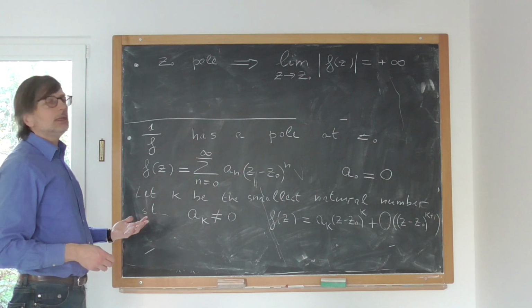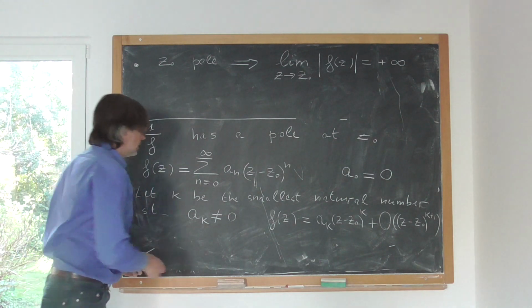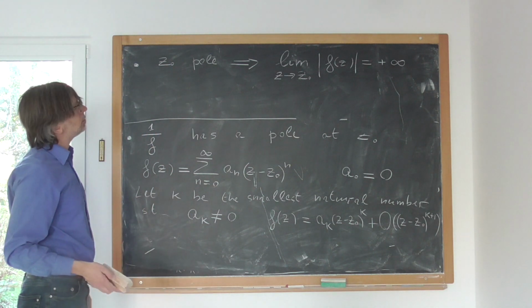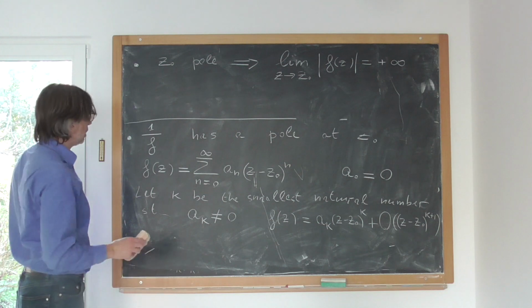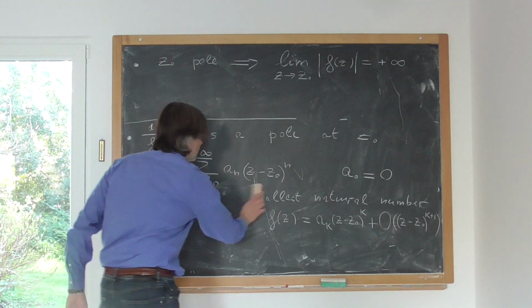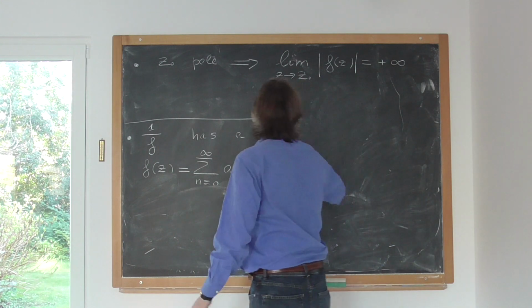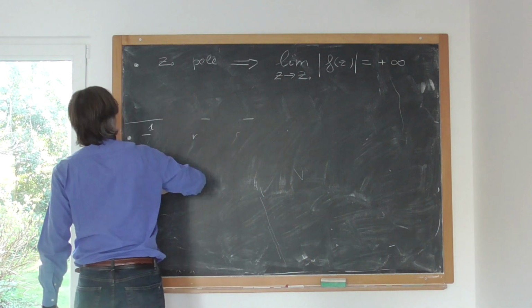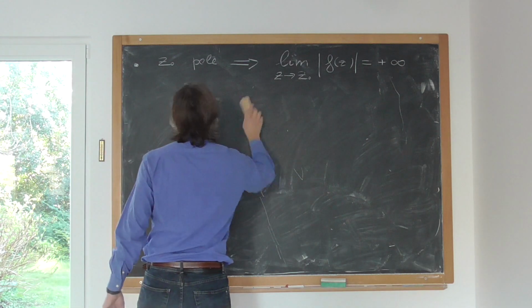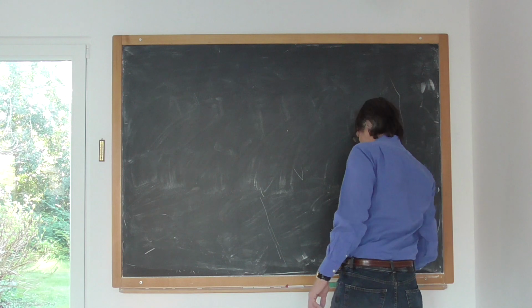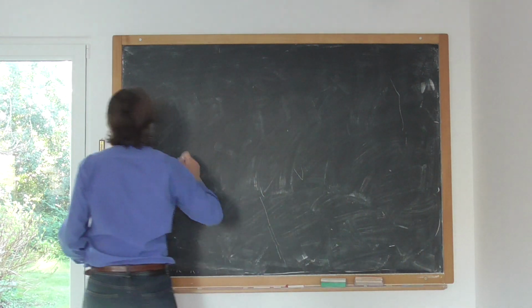And what happens near an essential singularity? The answer, or say, a partial answer, is given by the following theorem, which will be the last theorem of this lecture, and which describes something about the behavior of a holomorphic function near an essential singularity.